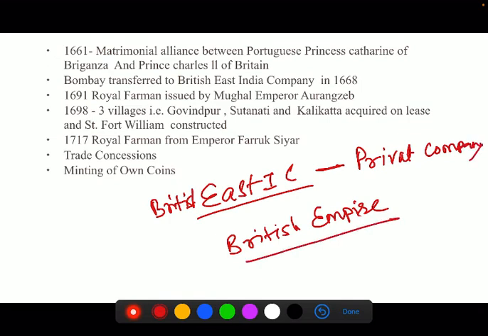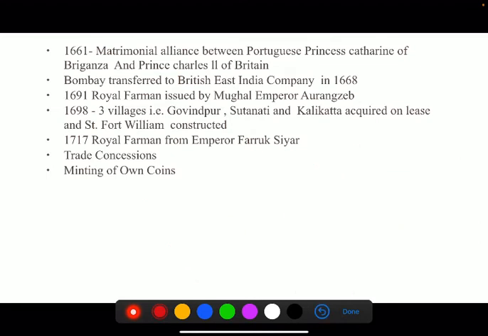The British East India Company got the permission from the British Empire to do the trade. Understand this, and slowly how the British Empire or Parliament got hold of the British East India Company, we will see later. Fine. So we have seen how in 1668 Bombay was transferred to the British East India Company.